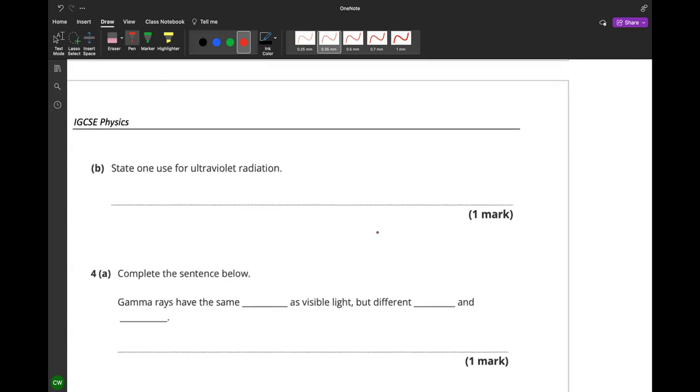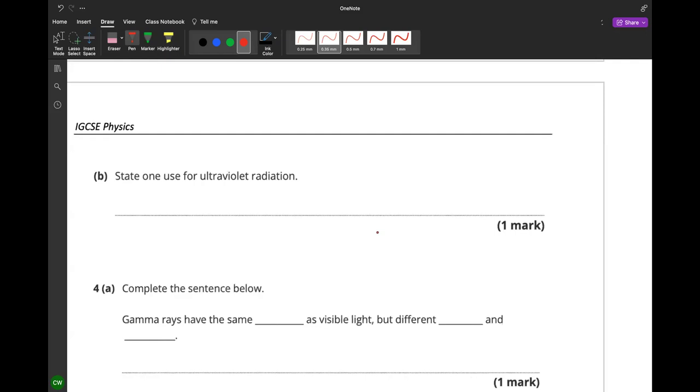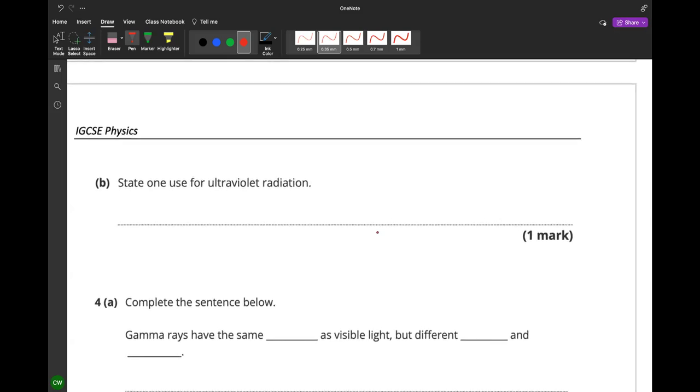One use of ultraviolet. What is the usage of ultraviolet? Just now we learned one already. This one will help you make your skin look darker. It's called what?